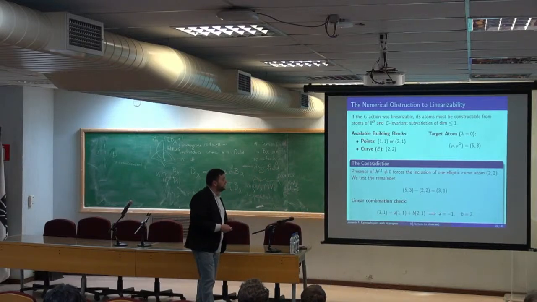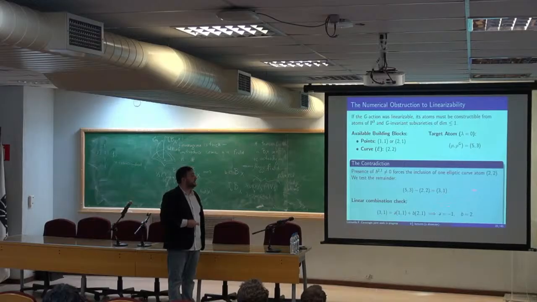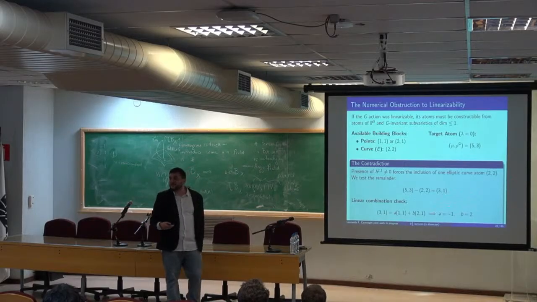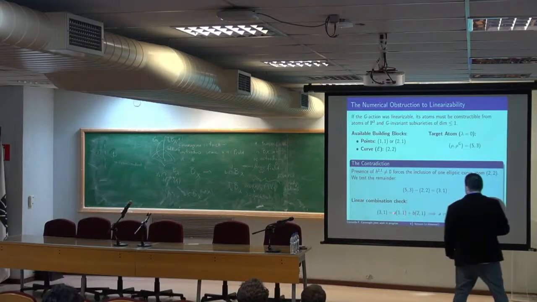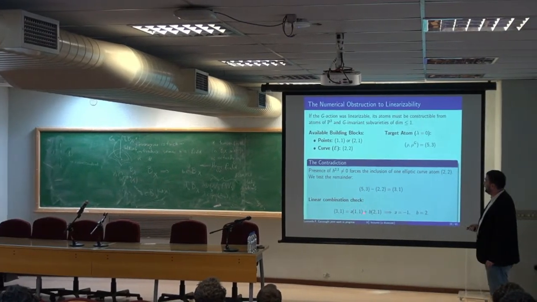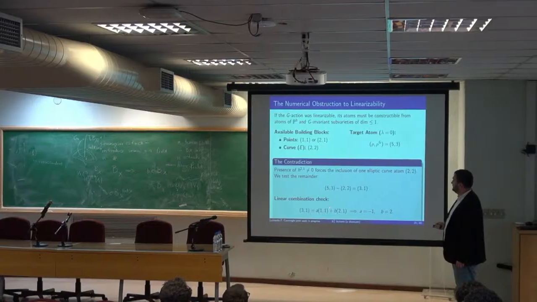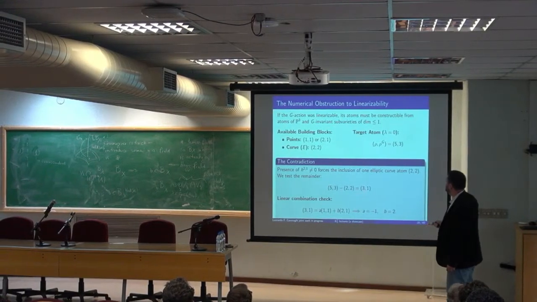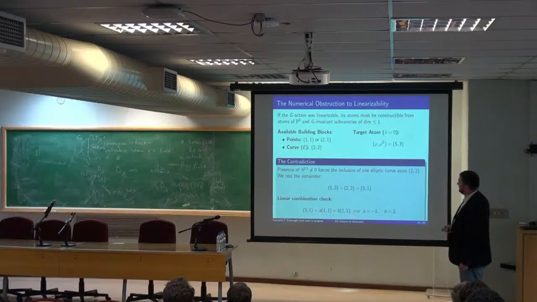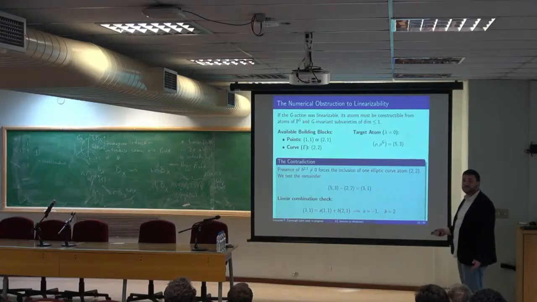But this means that the remaining 3, 1 has to be a combination of the possibilities of Hodge classes and invariant Hodge classes that are not from the elliptic curve. So it would mean that this 3, 1 has to be written in terms of non-negative contributions from these. But this is just not possible.